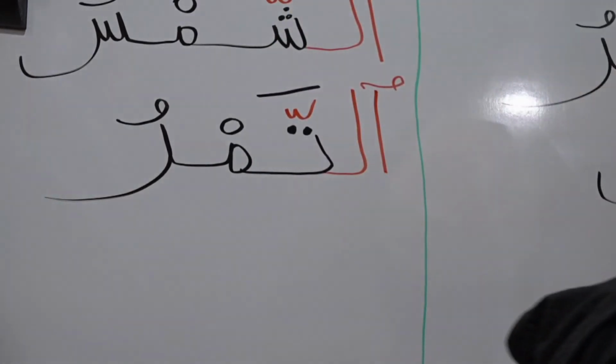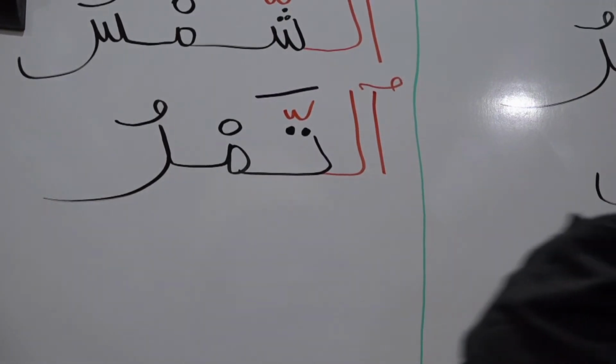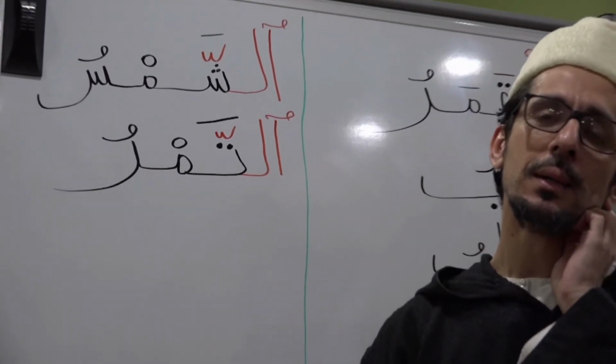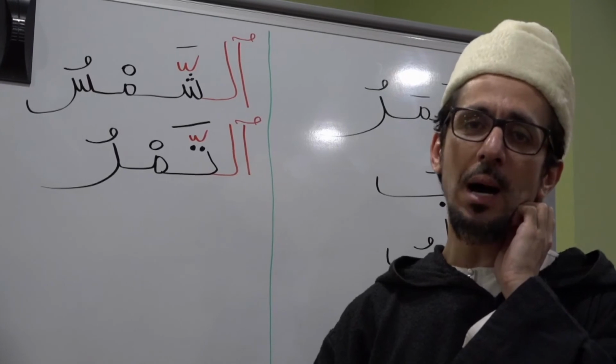Give me the next letter. Alif, ba, ta, tha. Give me a noun with tha.